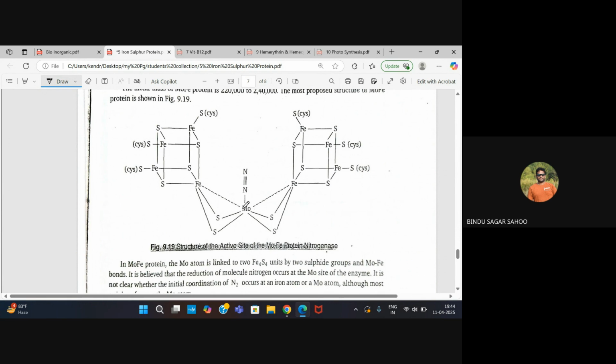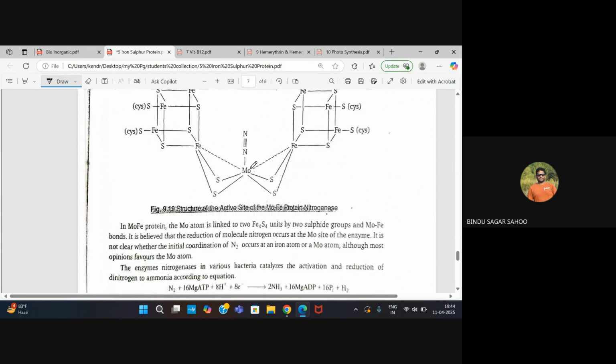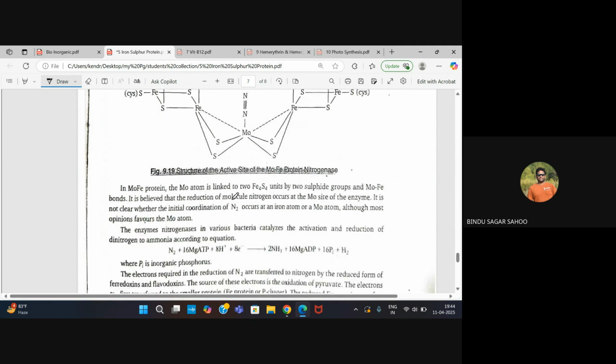That's why in the molybdenum iron protein nitrogenase enzyme, molybdenum is the active site, not the iron. The reactant first interacts with the molybdenum part, and then after some steps it gets converted to NH3 and some ADP, Pi, and H2.